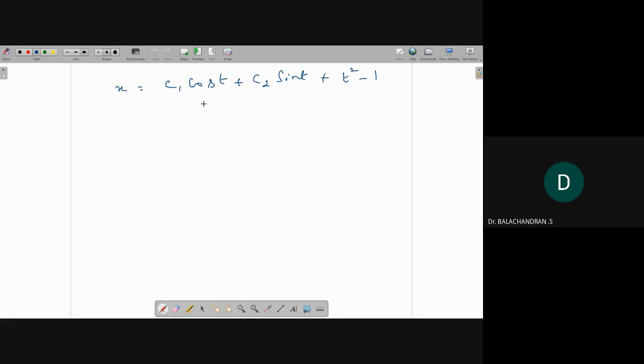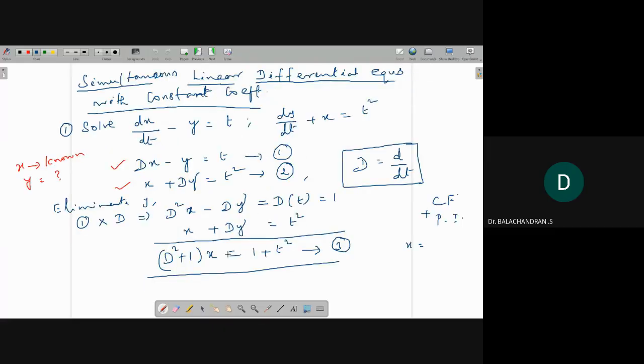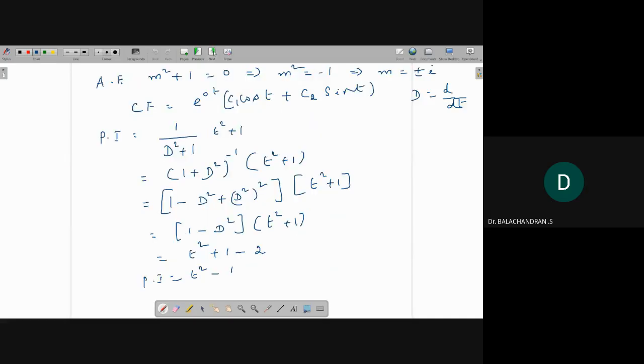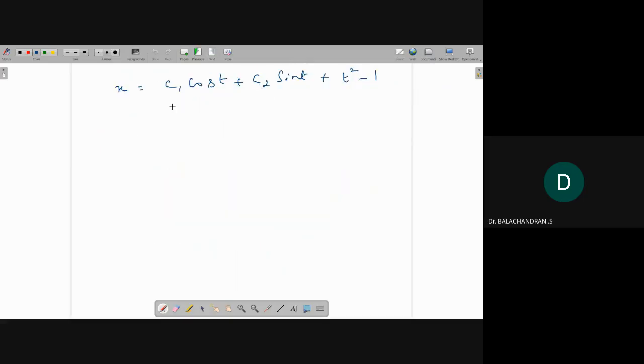Both the equations, equation 3 and similarly one more equation, equation 4, are second order differential equations. The number of arbitrary constants in the solution should be only 2. But here we have 4, because in x you have C1 and C2, in y you have C3 and C4.